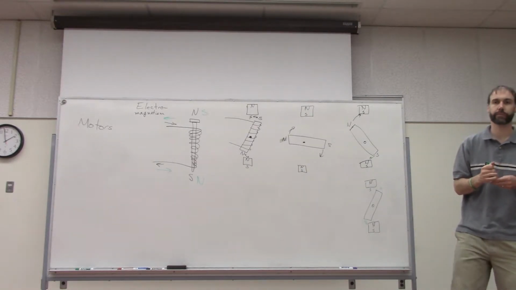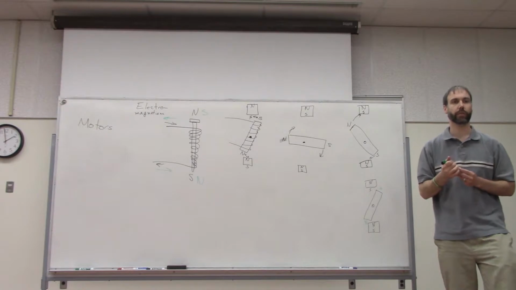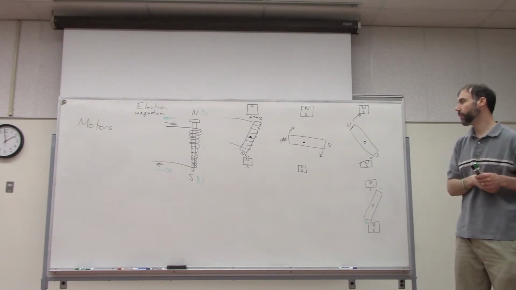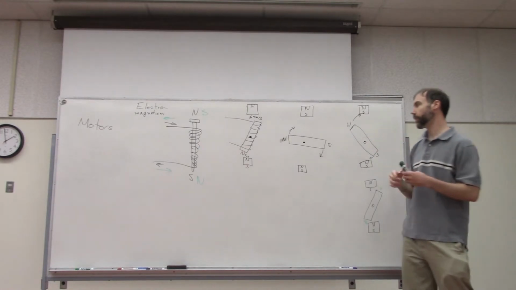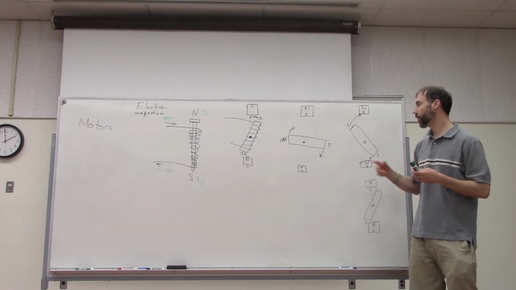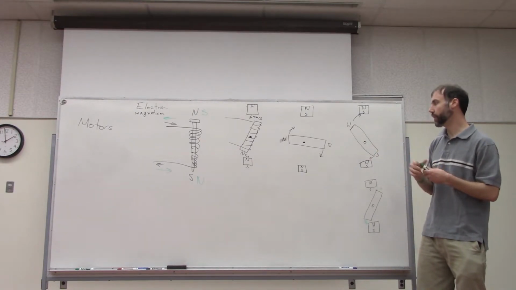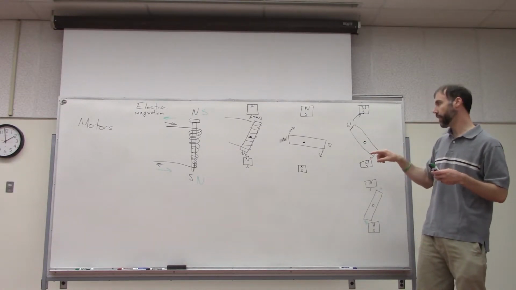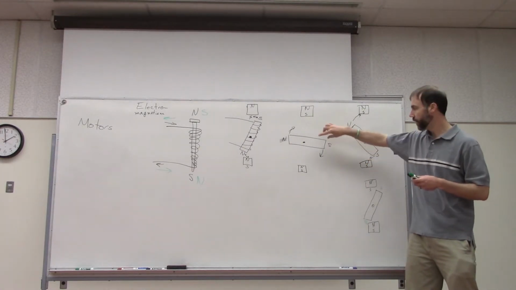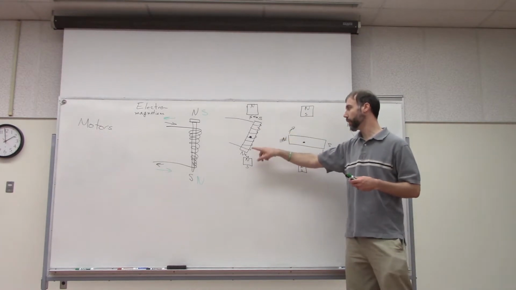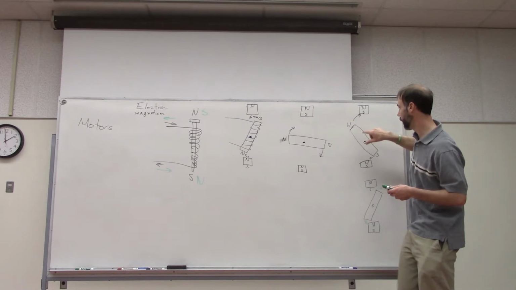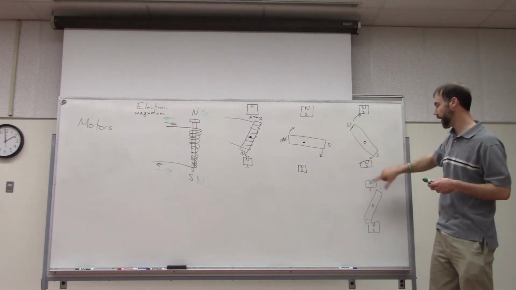Is that AC or DC or both? Well, so this type of motor is called a DC motor. So we apply a DC current to the outside of the motor generally, but as you can see, the direction of the current changes quite often every time that the magnet turns past a certain point.